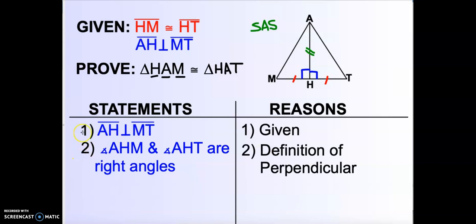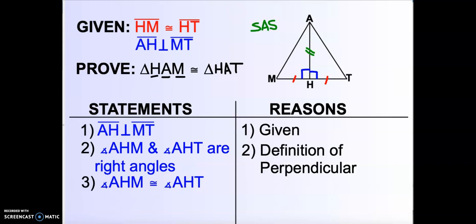Now, again, I'm not going to put an A off to the side. If I put an A off to the side, what I'm saying is that those angles are equal, and that's not what I've said. So I'm going to take this one step further and say angle AHM has to equal angle AHT.